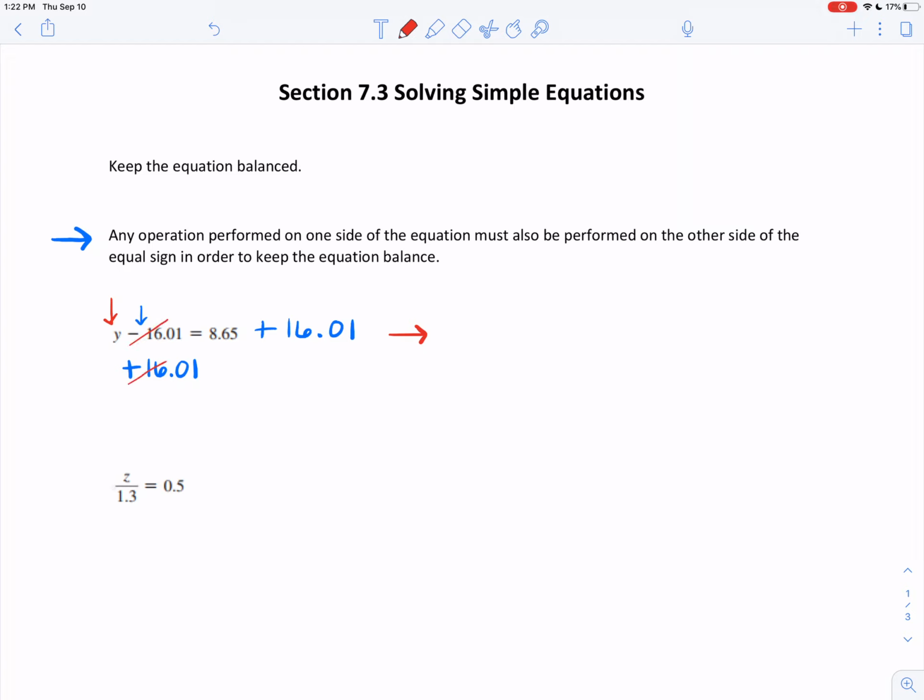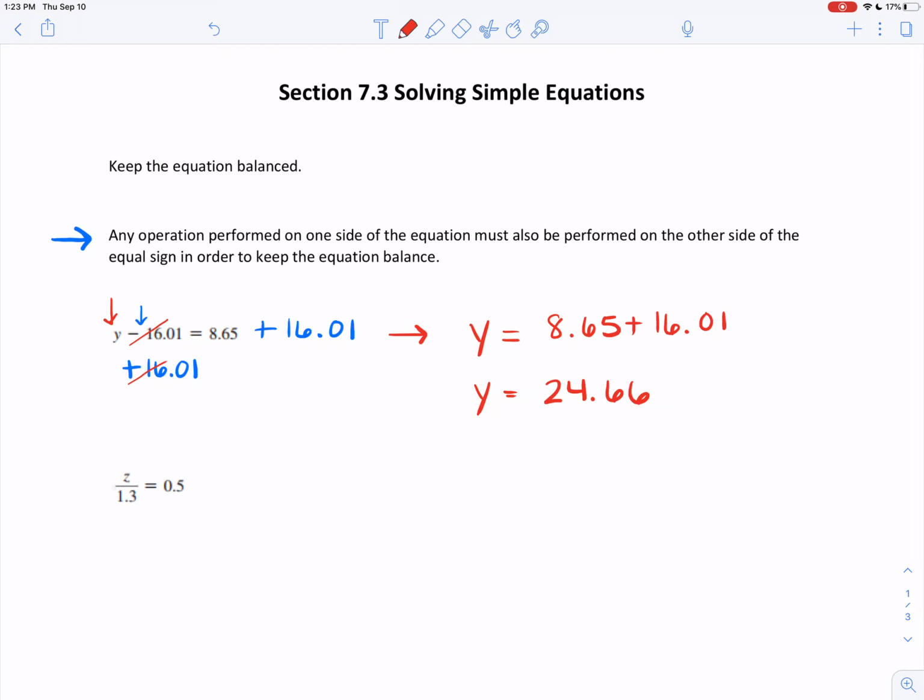That's the reason we did this, and we're left with only y. On the right-hand side of the equation, I've got 8.65 plus 16.01. So when I add those two things together, and I can do that because they're like terms, then I solve for y, and I find out that y would equal 24.66.